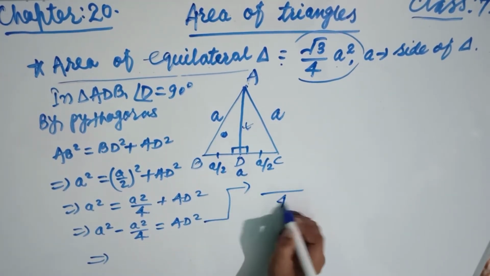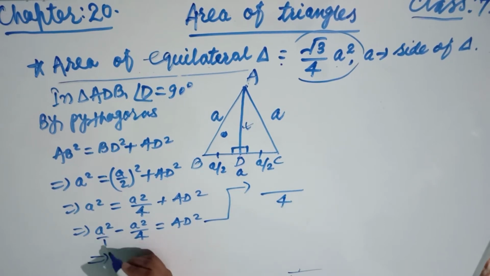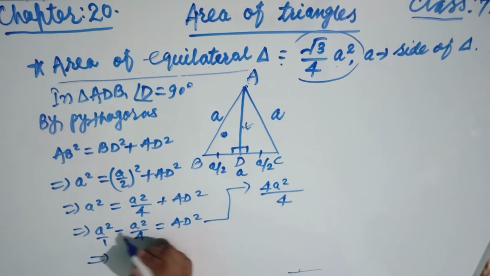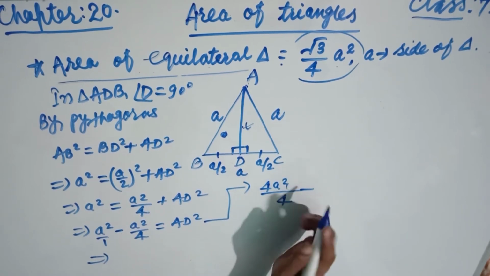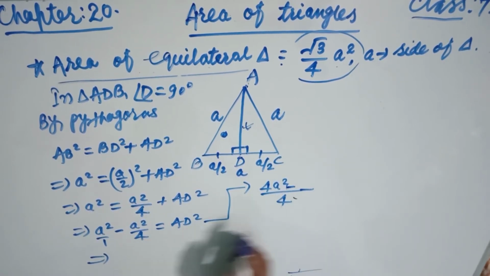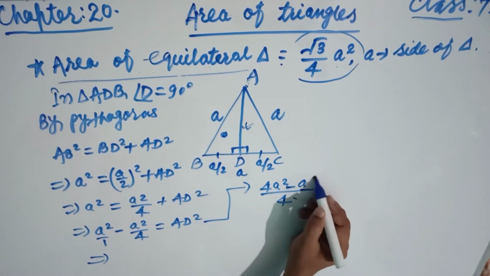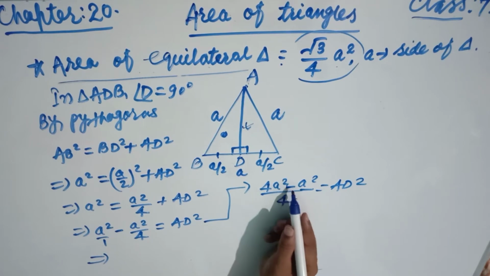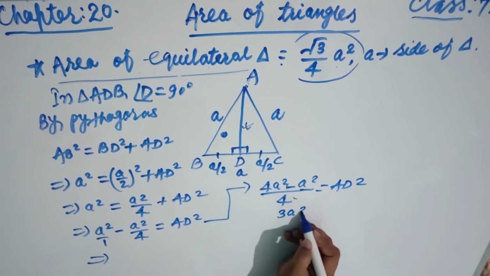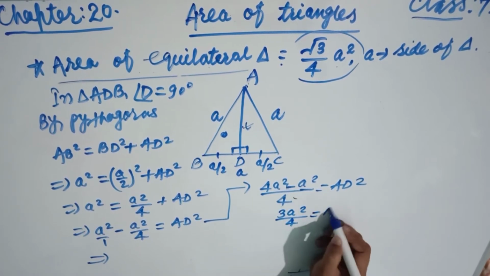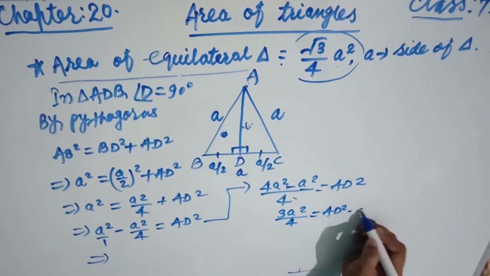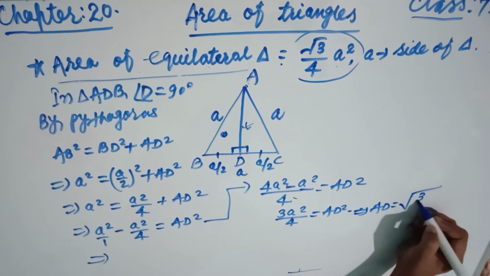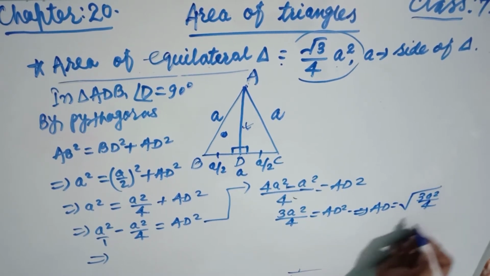This is 4 LCM, so 4 divided by 1, 4 multiplied by a square, this is 4a square, minus a square, since 4 divided by 4, 1 multiplied by a square, is equal to AD square. Now 4a square minus a square is 3a square divided by 4, equal to AD square. Now we can write AD is equal to under root 3a square by 4.